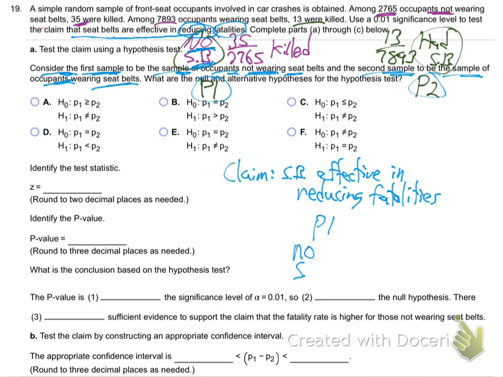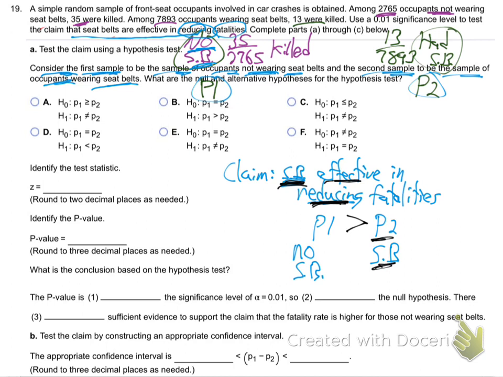P1 is no seatbelt. P2 is the seatbelt. So if the seatbelt is effective in reducing, which way does it go? The seatbelt death rate is lower. The P2, the seatbelt, is lower. That's the claim being made.